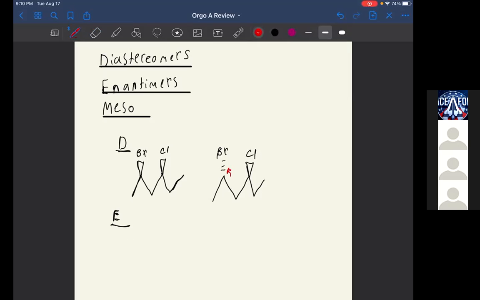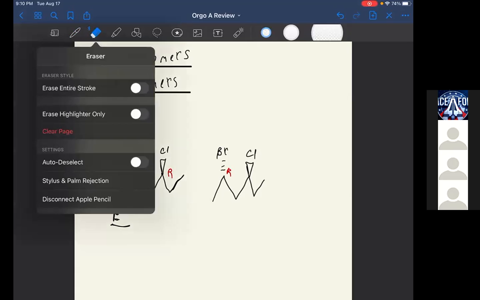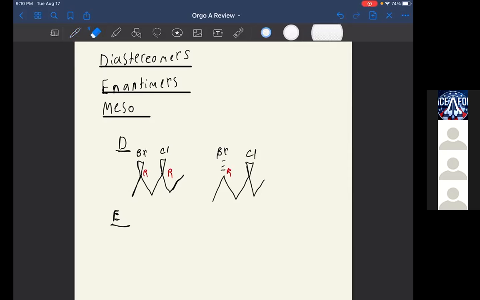I'm sorry. So like, say this starts as R and R. I don't know if that's actually true because I didn't do the work. This would then, for a diastereoisomer, only one of them would change. So this would actually turn into S, and then this would remain R. Does that make sense?